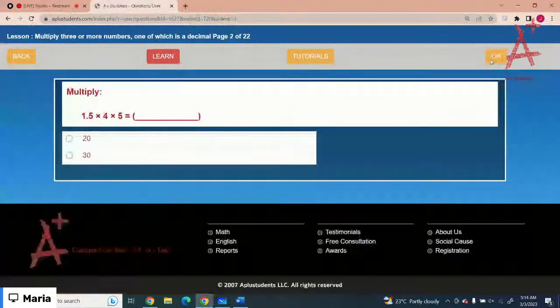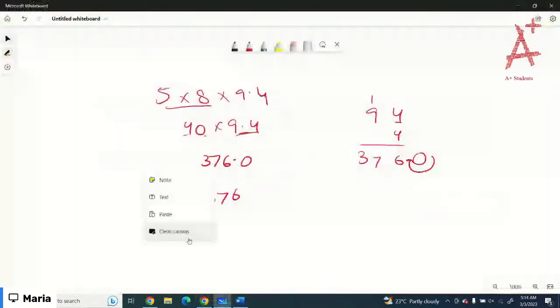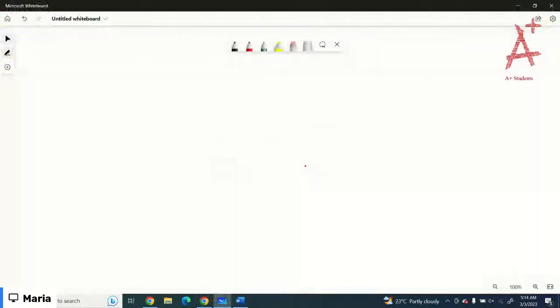The next one is 1.5 times 4 times 5. Just do 1.5 times 4 first. 4 times 5 is 20, 0, 2 carry, 4 times 1 is 4 and 2, 6. So you need to put a decimal point one place left. So it would be 6.0 times 5, or either 6 times 5.